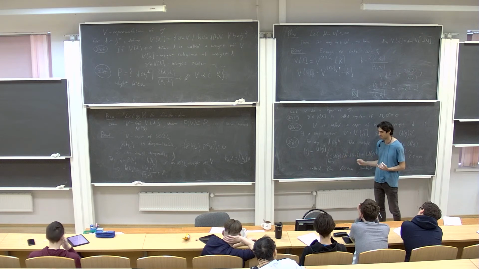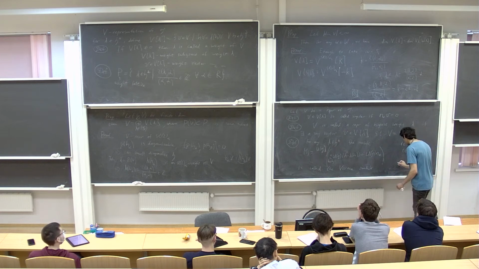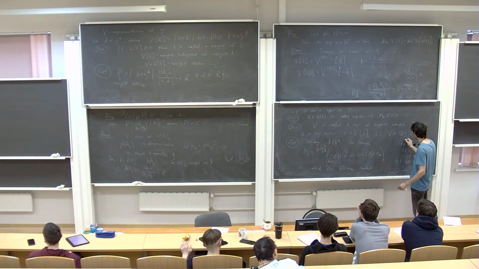So that's what's going on. Maybe this is another thing to write. So H acting on 1 is lambda of H times 1, and usually this image of 1 is called V lambda.